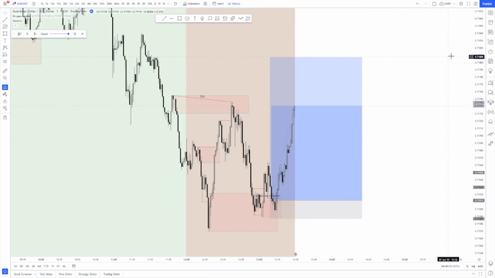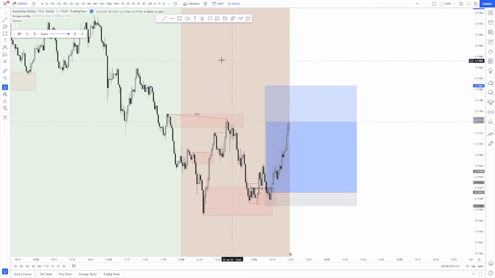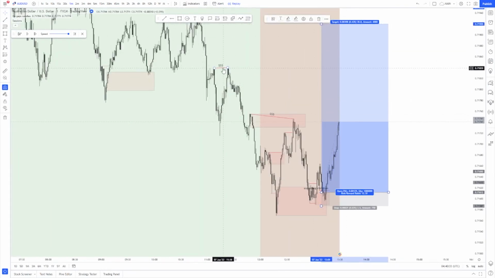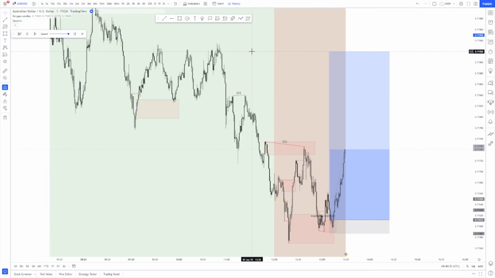So yeah, we have equal highs there. All of these are areas where liquidity is resting. So we are looking for price to take all of that, so this becomes the next target.